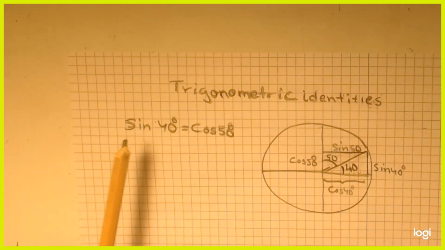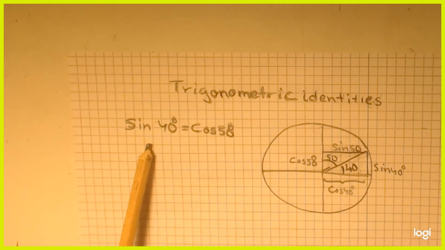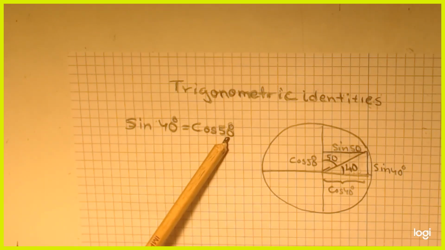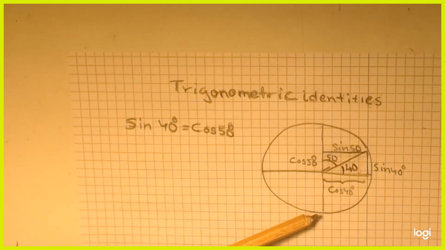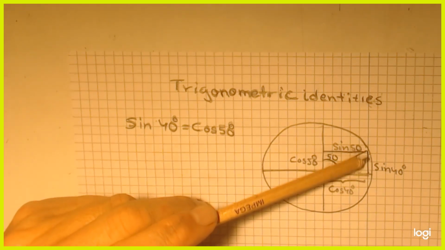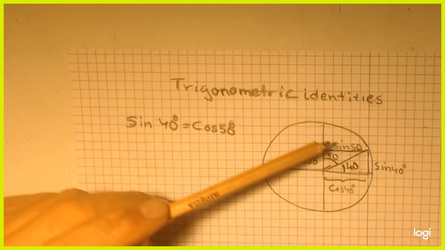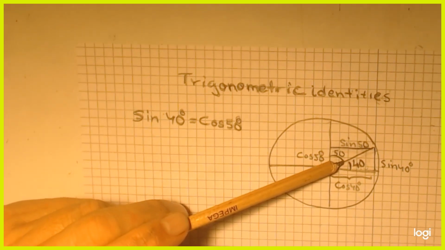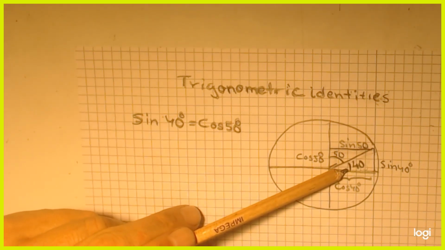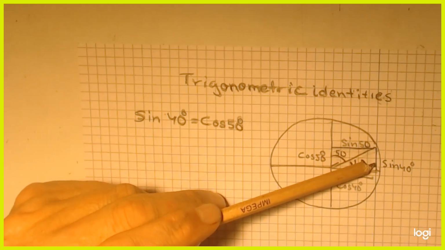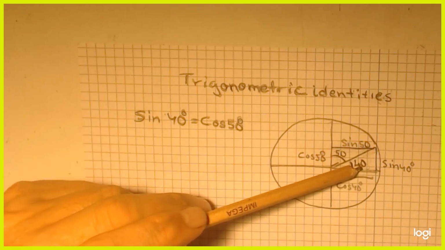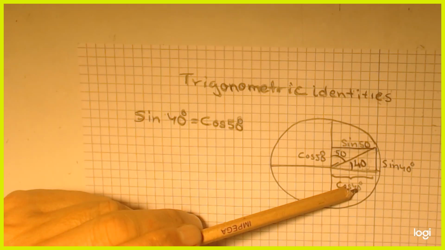Here we have trigonometric identities. Show that sinus 40 degrees equals cosine 50 degrees. Here you have a unit circle, and here we have the first quadrant, and here we have a line, and this here is 40 degrees. So this side here is sinus 40, and this side is cosinus 40 degrees.